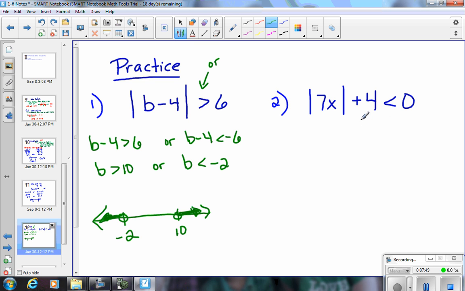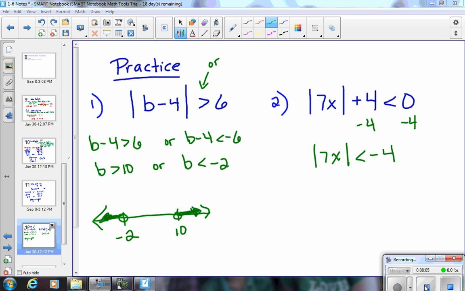On the next problem, remember you have to isolate the absolute value first. So we have the absolute value of 7x is less than negative 4. Now, keep in mind that this would be an and, all right?